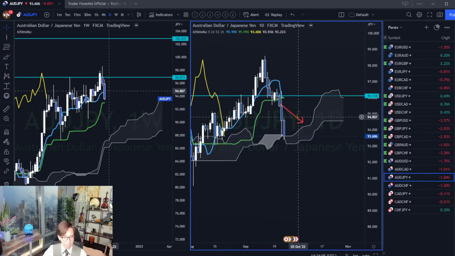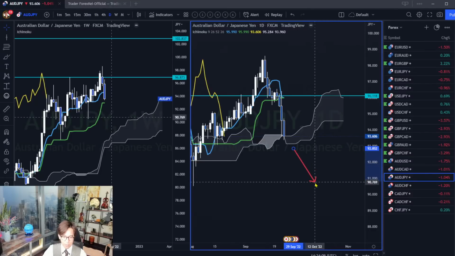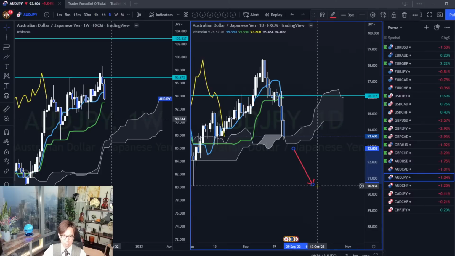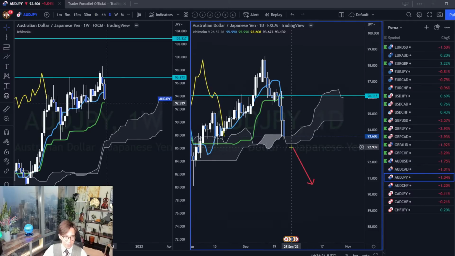I think the market breaks Kumo down this way and continuously goes down to the support of 90.53. So yeah, let's wait for the Kumo breakout and look for the selling edge. I think this is bearish for me.